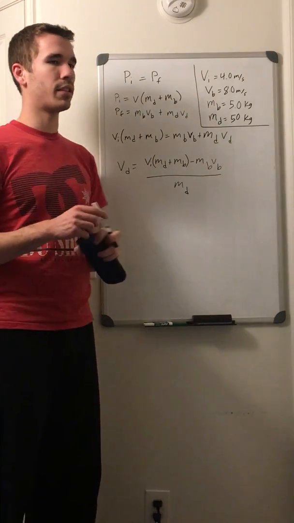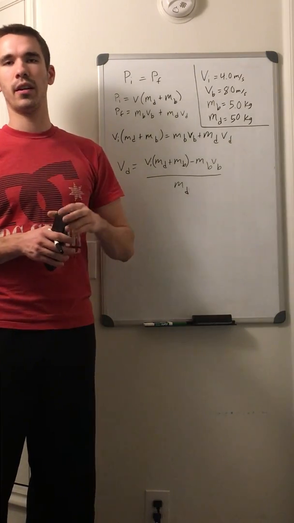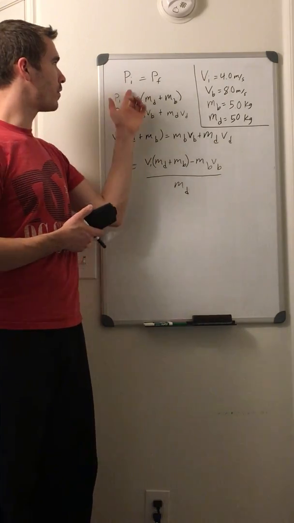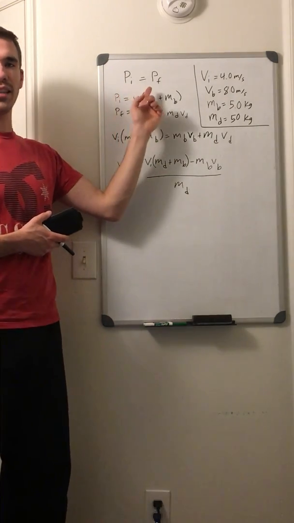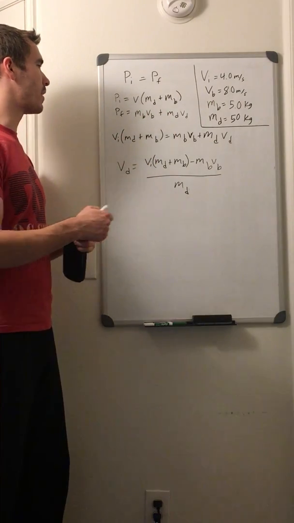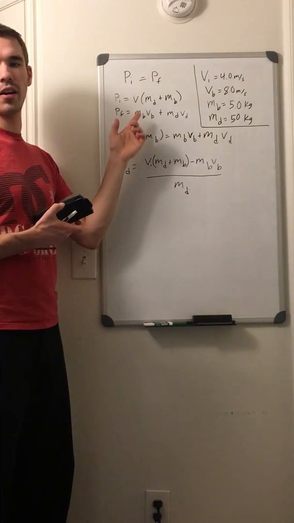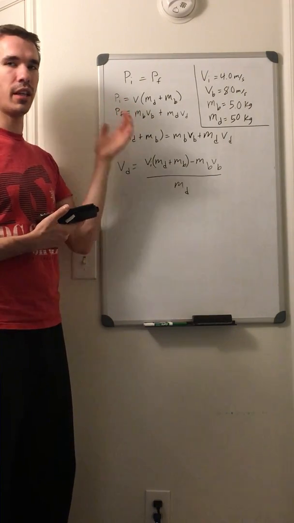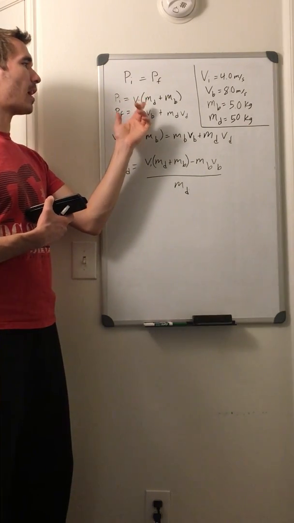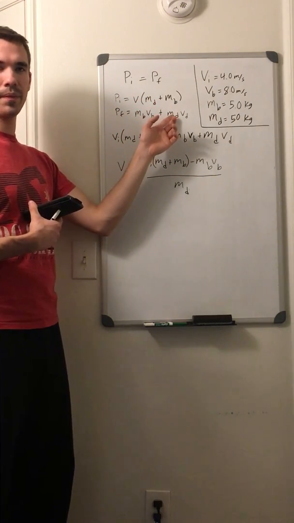Once we get to this point, the way we'd solve this is, we know that through the conservation of momentum, the initial momentum has to be equal to the final momentum. So we know that the initial momentum is the velocity of Dan and the skateboard, which is equal because they're both traveling at the same speed, times the mass of Dan plus the mass of the skateboard.